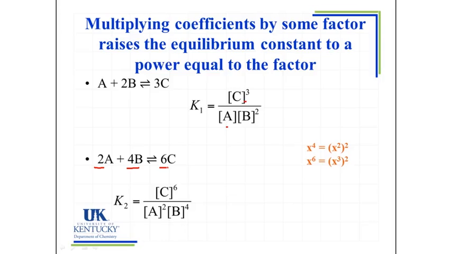But when I look at the relationship between K2 and K1, I see that K2 could also be written as C cubed over AB squared, with the entire expression squared, and that would be the same as K1 squared. So if I multiply a reaction by some factor, I can simply raise the K value to that power. Remembering what we know about our mathematical relationships with powers, x squared squared is equal to x to the 4th, and x to the 6th is equal to x to the 3rd to the 2nd power.